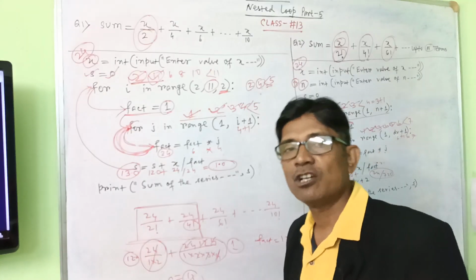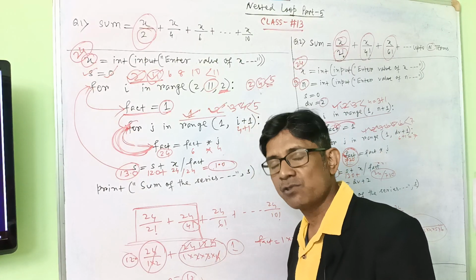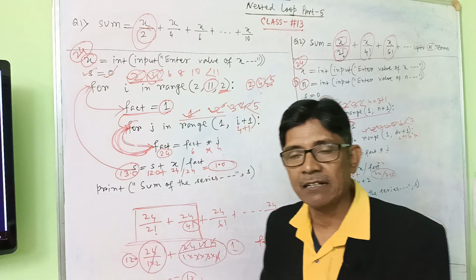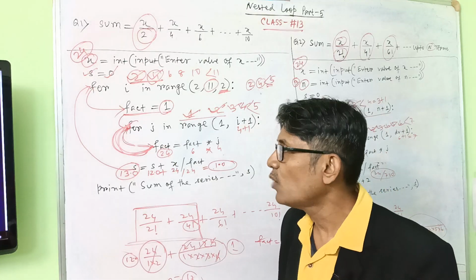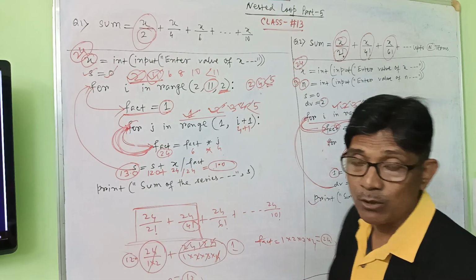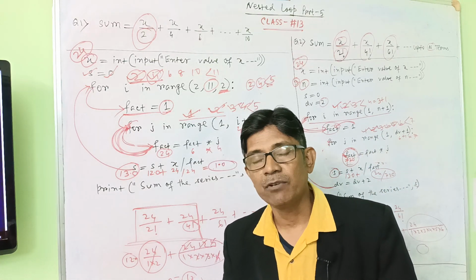Only the single outer loop will help you to solve the problem. If I get time next time, whenever I show you the number based problem, if it is possible, I'll show you. So up to this much, the nested loop, the 5 different classes I'm giving you. If you follow it properly, I think you can learn something from here.